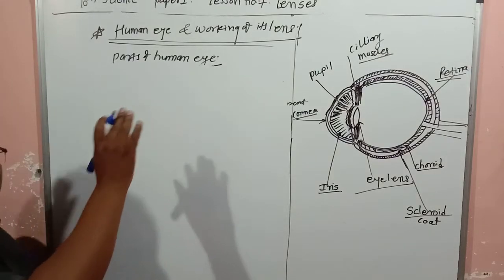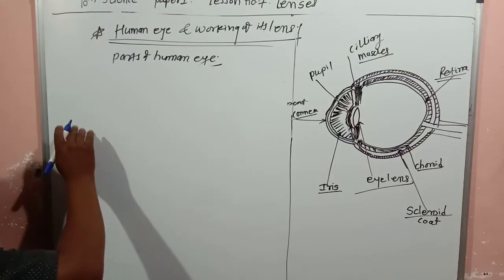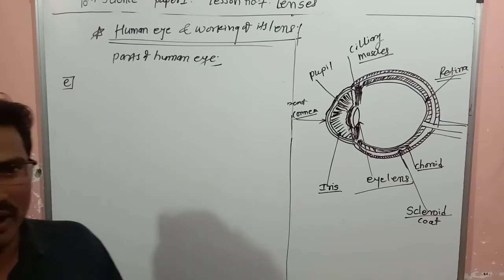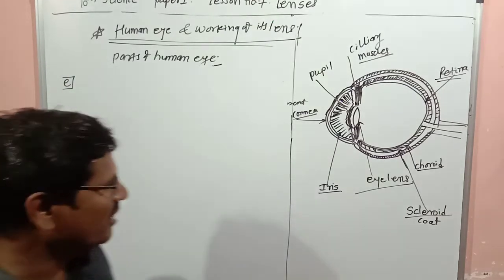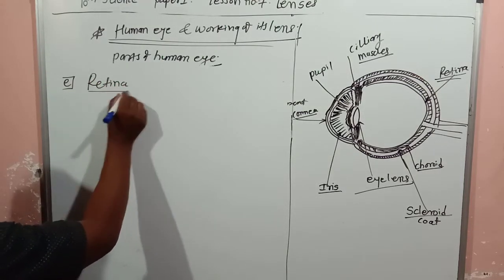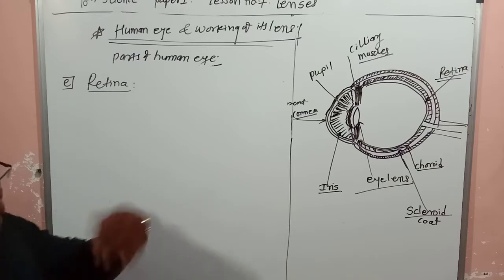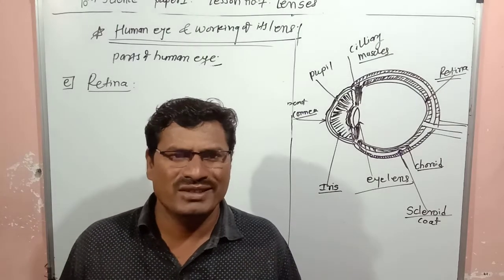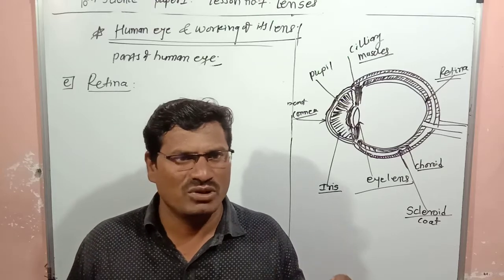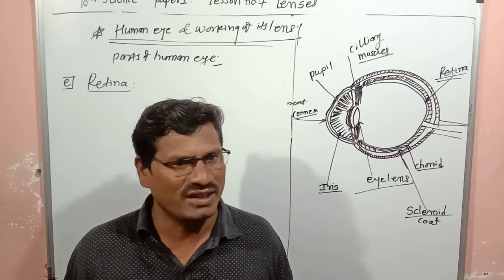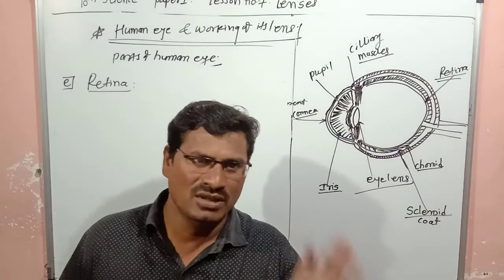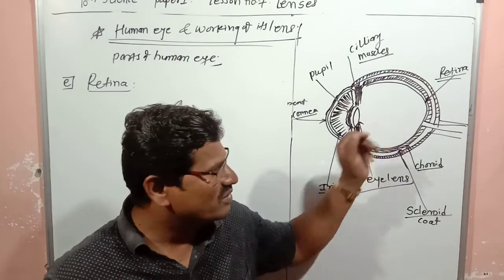So next part, after that E part is there, and that E part is the retina. Extreme behind the lens is the retina. So the lens creates a real and inverted image of that particular object on the screen inside the eye. That sensitive screen is the retina.